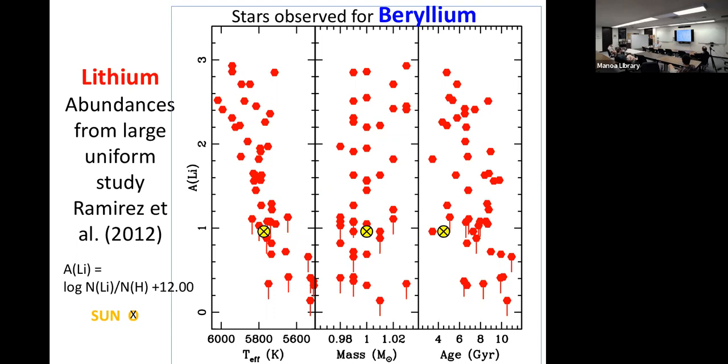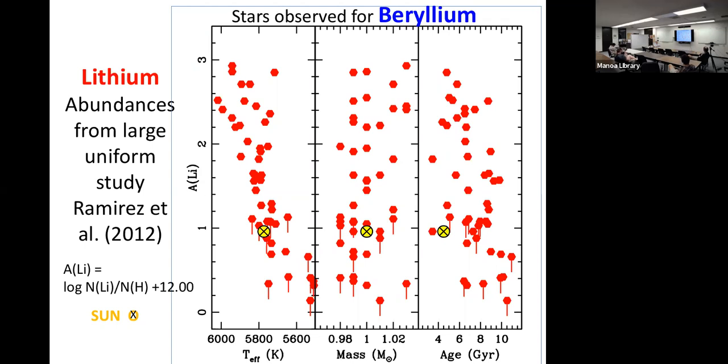So this is the lithium observations of the stars that we observed for beryllium. And these are organized first by their effective temperature. And there's that little yellow circle with the X through it. That's the position of the sun and its temperature and its lithium abundance.